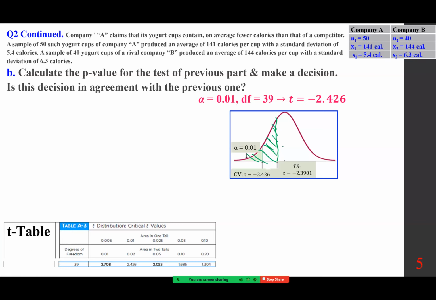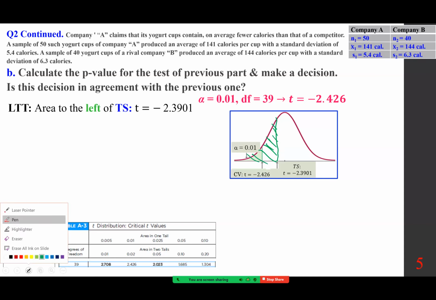You can tell clearly just from the graph, it's way larger than alpha, and you get to the same decision, which is fail to reject H0. But the methodology is the area to the left of the test statistic, which has t-value equal to negative 2.3901. And if you want to go with the table, degrees of freedom was 40 minus 1 or 39.